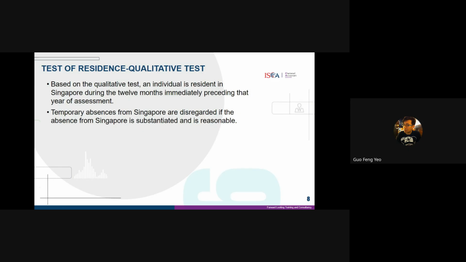This will remain true even if in a particular year, for personal reasons, the individual may remain outside of Singapore for a significant period of time, such as pursuing a higher degree or qualification, or to visit extended family members. These are temporary absences which can be accepted and justified in front of the Inland Revenue.